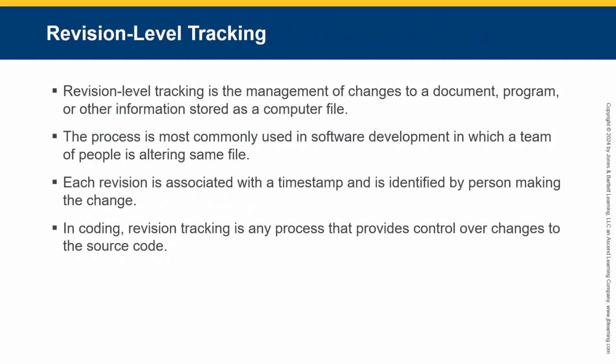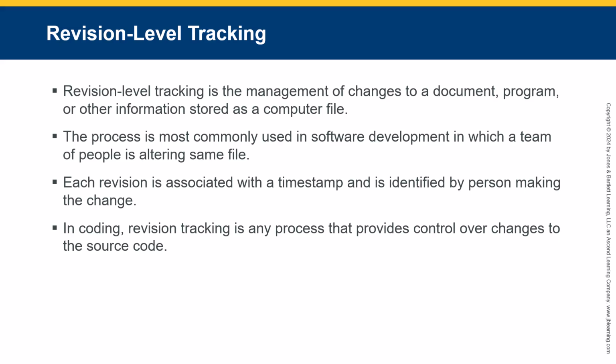Revision level tracking is a management of change to documents, programs, anything, so that information stored or information modified or code changed can be readily reviewed. Hey, this is happening that wasn't happening in a previous version. What was modified?